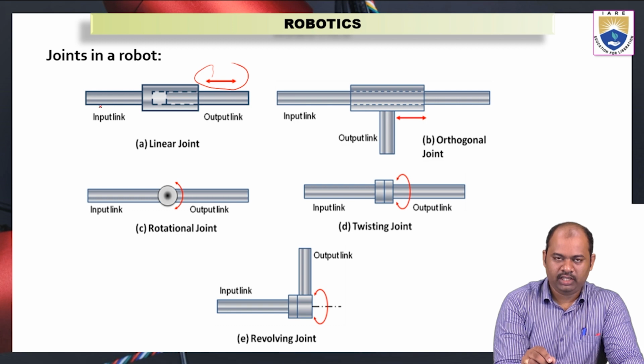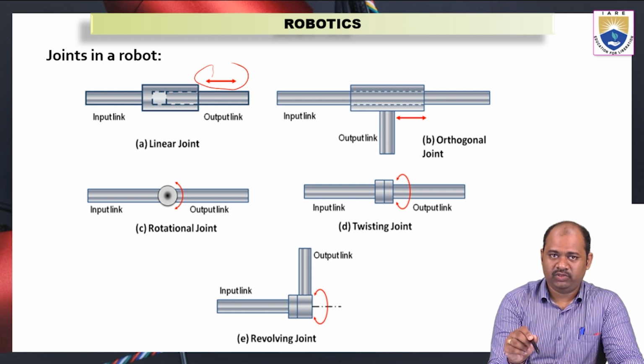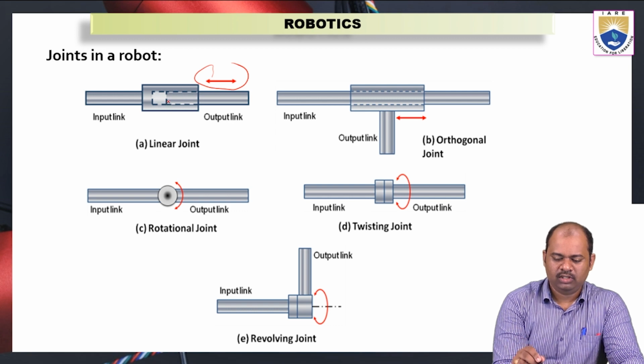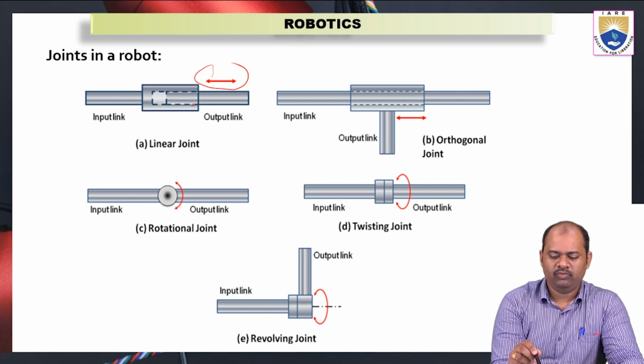The input link is stable, and the output link can be moved in and out by using some kind of actuator. We have seen what an actuator is. It can create linear or rotational motions. So what kind of actuator can we use here? We can use a hydraulic or pneumatic piston cylinder arrangement for creating this linear movement. This is where the linear joint is used.